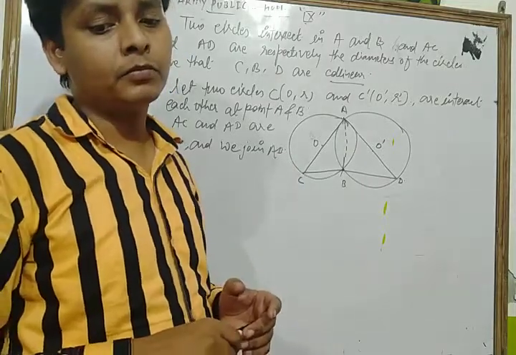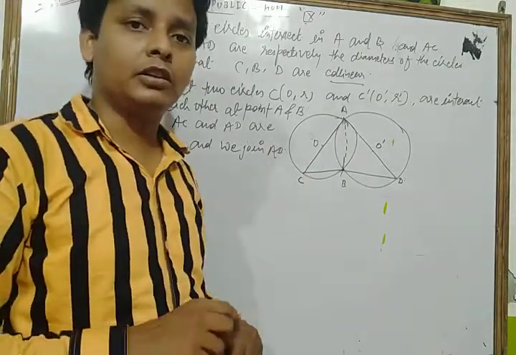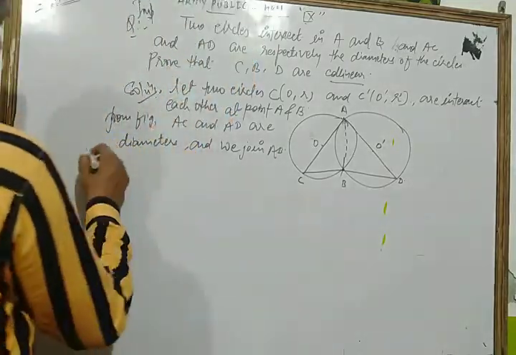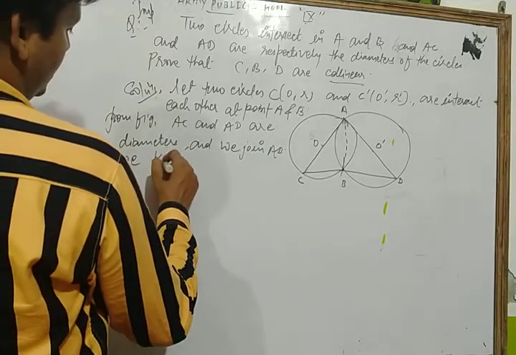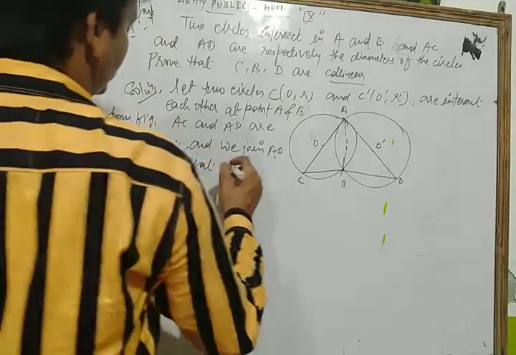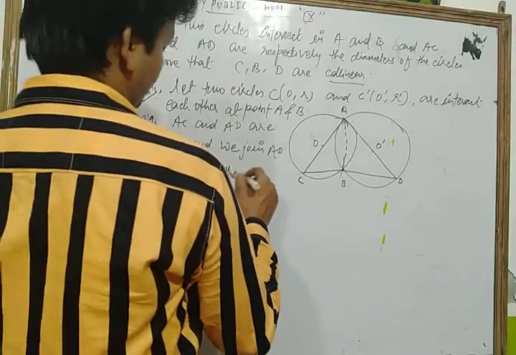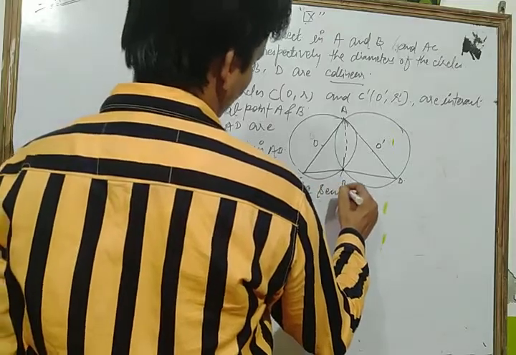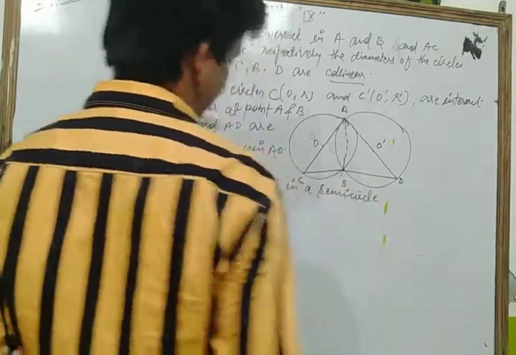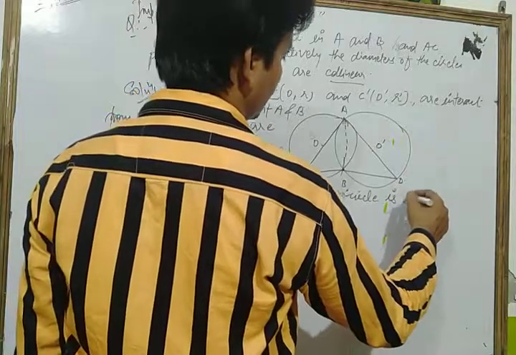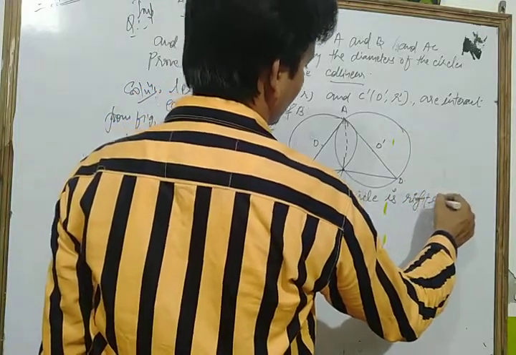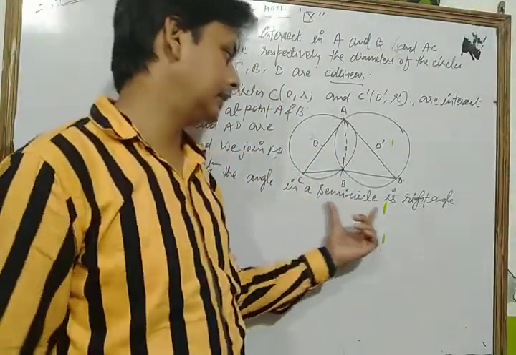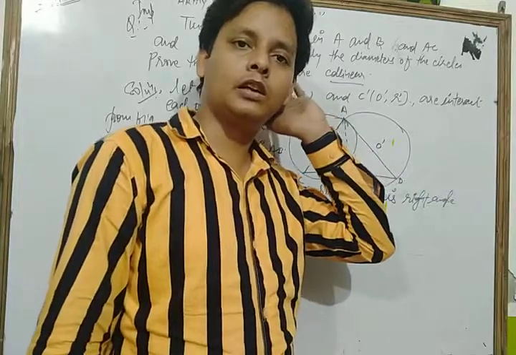We know by theorem that the angle in a semicircle is a right angle.